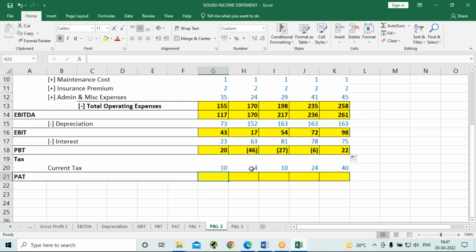So we can give the calculation 20 minus 10, and this you can keep as equal to these values only. And here I'm going to calculate this minus this, and this also will turn into a negative balance.